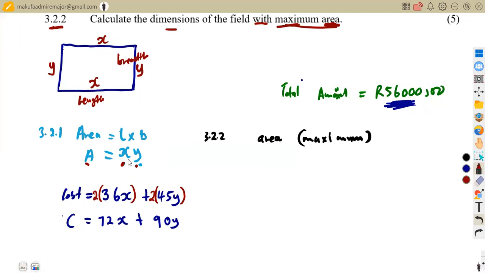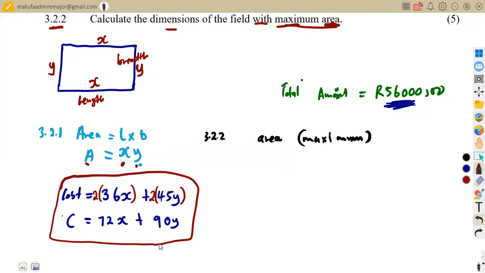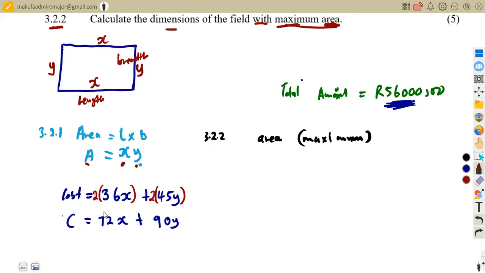We have to eliminate any part, substitute with another expression in terms of x or in terms of y. From where? We have another expression for cost. So this is the expression that we are going to play around with. Because we don't want anything that is going to give us maximum cost, no. So from this cost, we are going to use it now to give us either x or y. All right, so I'm going to take this cost here.